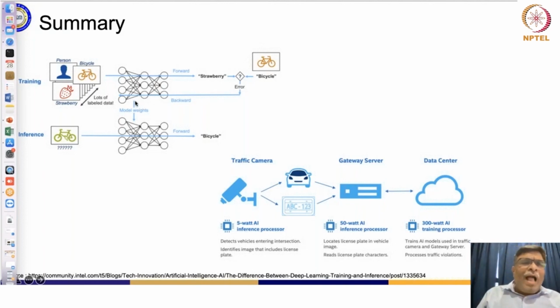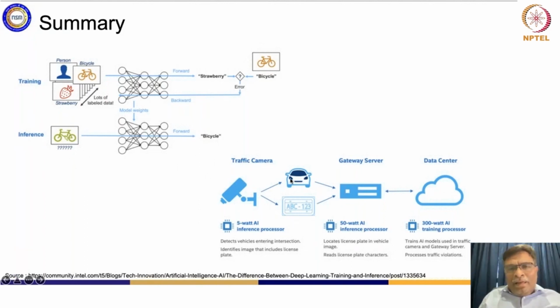Now, when you bring these model weights to the inferencing edge device, or wherever you need to deploy, the inferencing is something where you give the input and it should give you the output. This particular system, for example, has to be implemented in a traffic situation, a smart city situation.